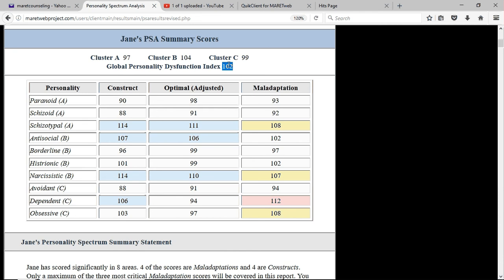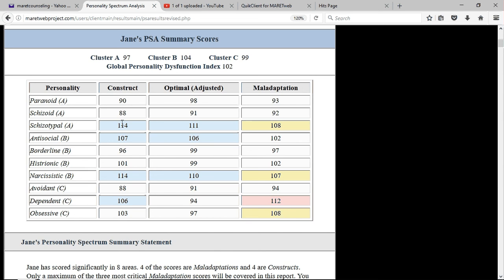How much is this person in crisis? 102. Standardized scoring. 102 is nothing. 68% of all people, remember, fall between 90 and 110. This person's at 102 for global personality dysfunction. They don't have any global personality dysfunction. Emphasis on the word global.